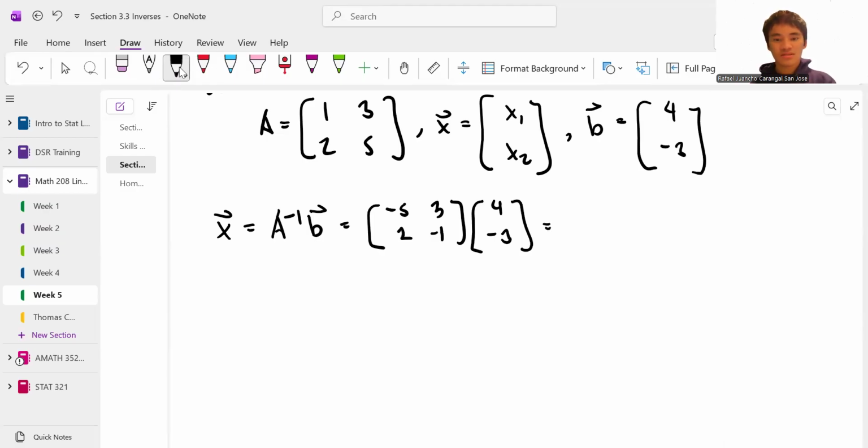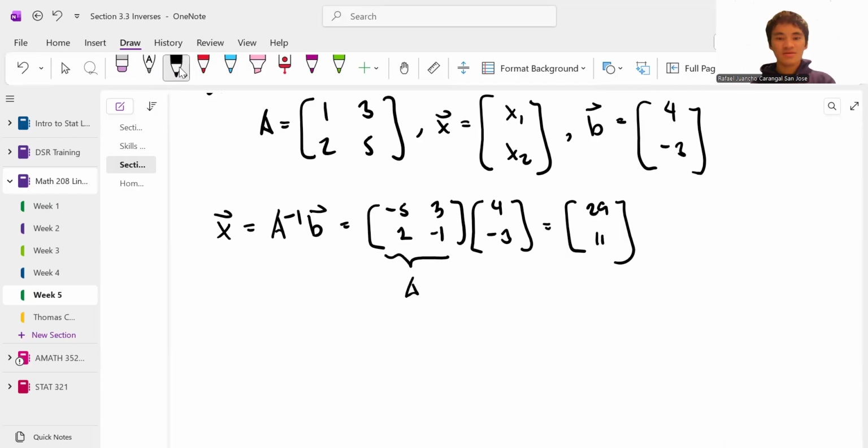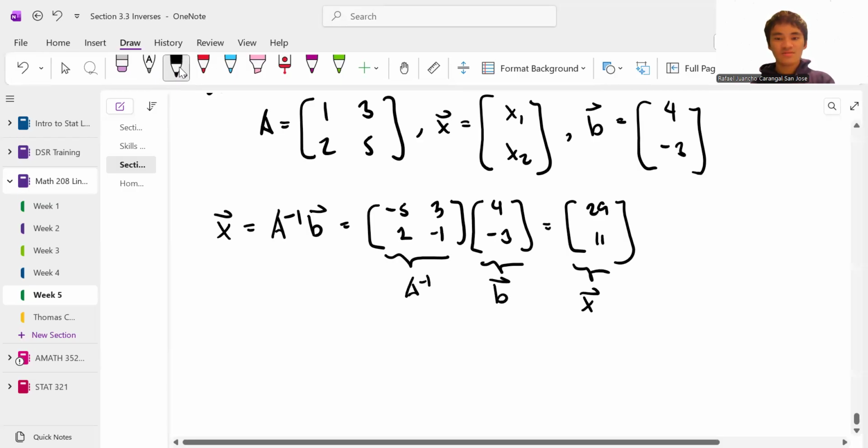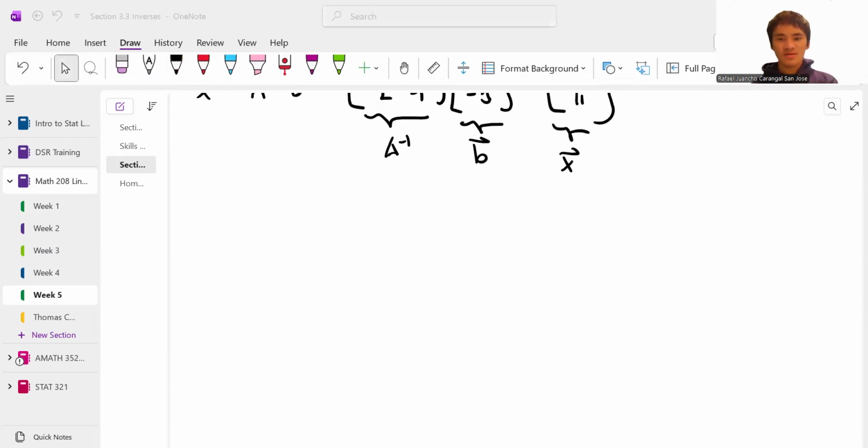Then it's equal to x. And in this case, we also have a solution for x, which is 29, 11. So this thing here is A inverse. This thing here is the B vector. This thing here is the x vector, where x sub 1 is 29, x sub 2 is 11. So not too complicated.